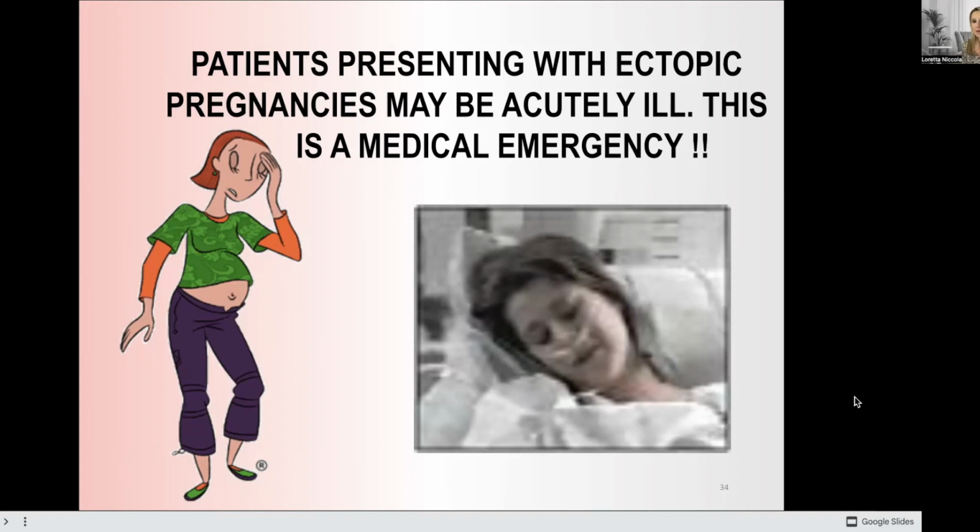Let's say a female comes in and is not pregnant and has severe lower abdominal pain on one side or the other. It could be a cyst. It could be an ovarian cyst that ruptured. Those are very, very painful. But when she comes into the ER with lower abdominal pain, the first thing you're going to do is a pregnancy test to see if she's pregnant.